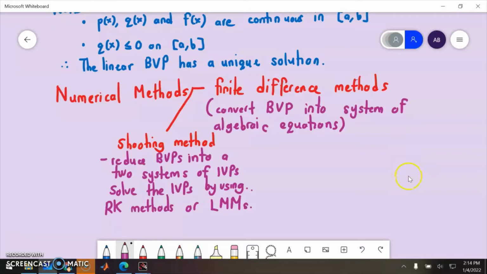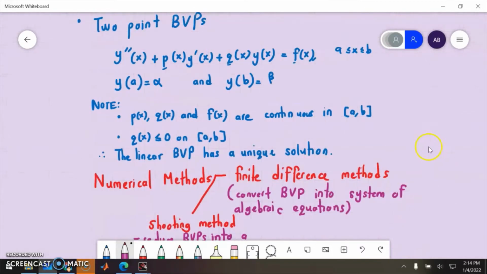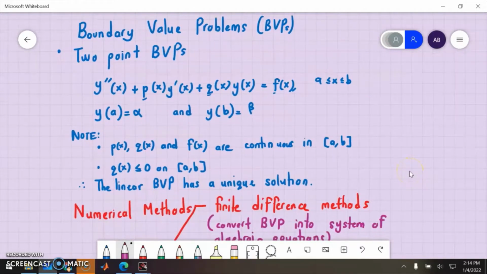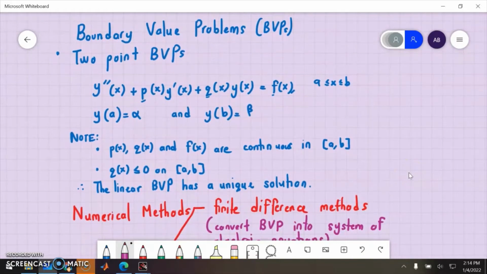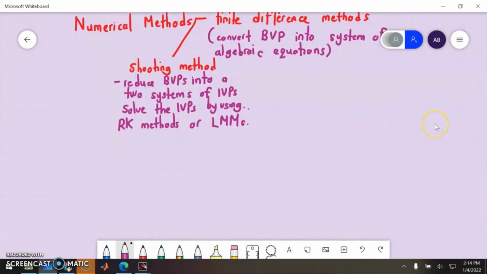In my video, what I want to show you is how to solve this boundary value problem using the finite difference method. So let's stick to that.